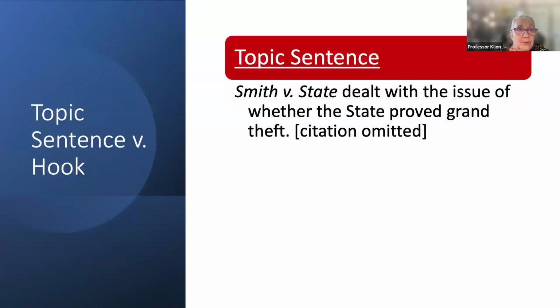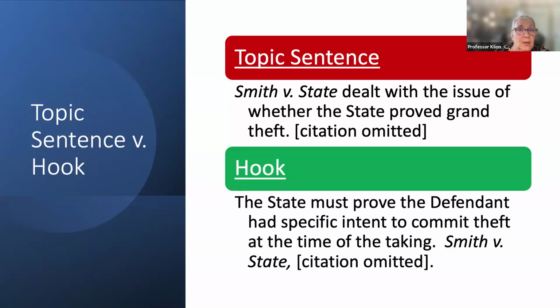Just as a reminder, this is what a topic sentence looks like. This is what you all were used to writing prior to law school. Smith v. State dealt with the issue of whether the state proved grand theft. That doesn't really talk about the concept. That just gives an overall view of what a case talked about. That's not what you want here. You want a hook. Here, the state must prove the defendant had specific intent to commit theft at the time of the taking.